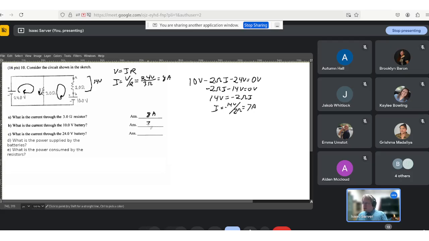So I was right, it's 7 amps. But I think it's going backwards. My sign here says that instead of going this way, the current is actually going that way.